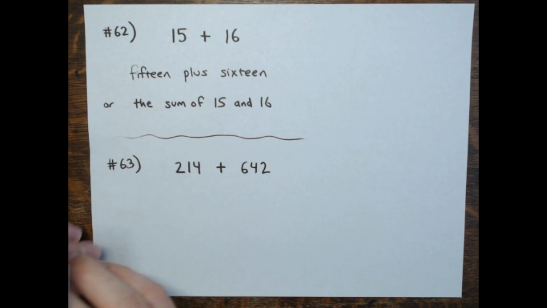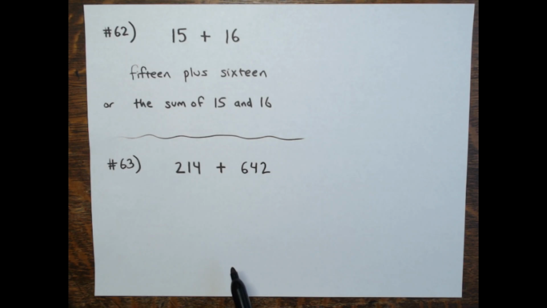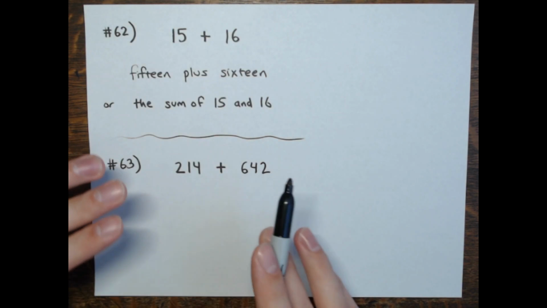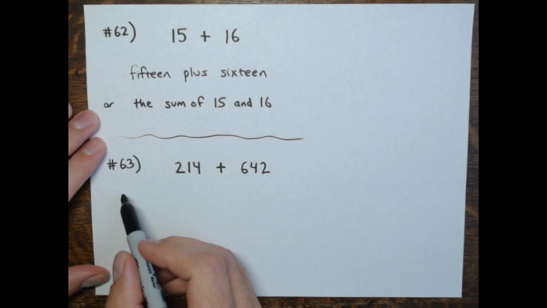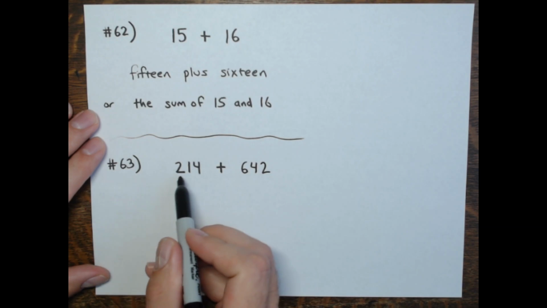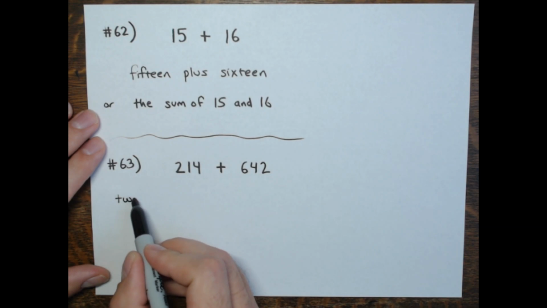Now, back in section 1.1 of this same text, which I put videos out for, we learned how to write large numbers. So I'm gonna refresh a lesson here on how to write numbers in words. That's gonna do it. So 214.